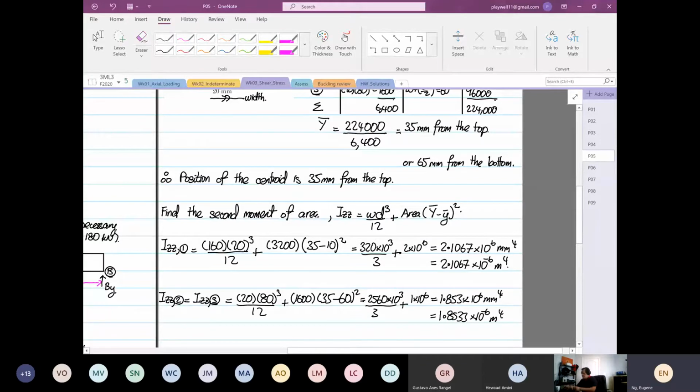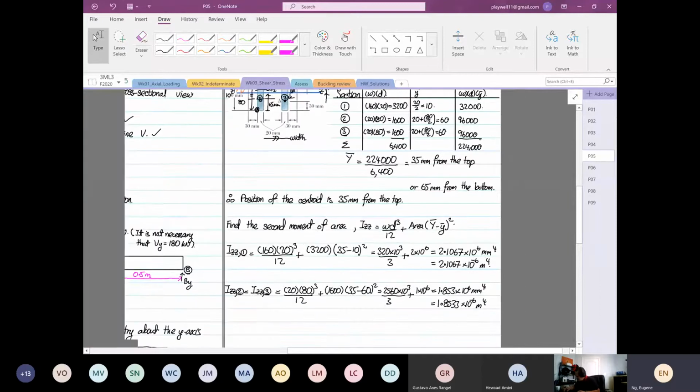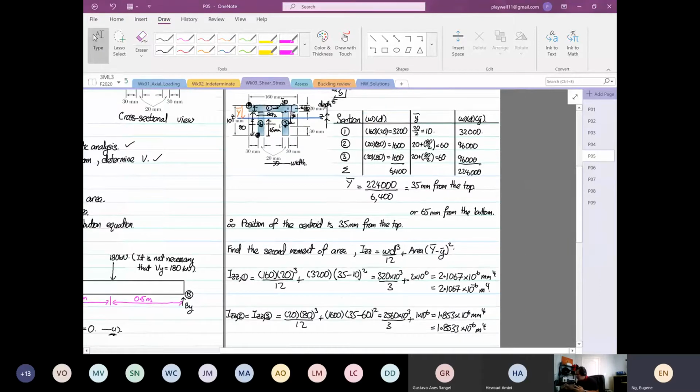Okay, so I did not do anything magical. It's just how we arrange the data to calculate the second moment of area. What do I mean by that? Can you all see the trend? I did not look at the figure, but I know this will come to here, this will come to here, and then this will come to here.